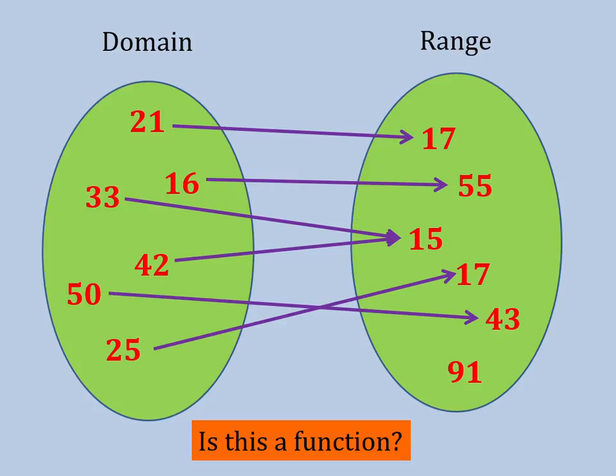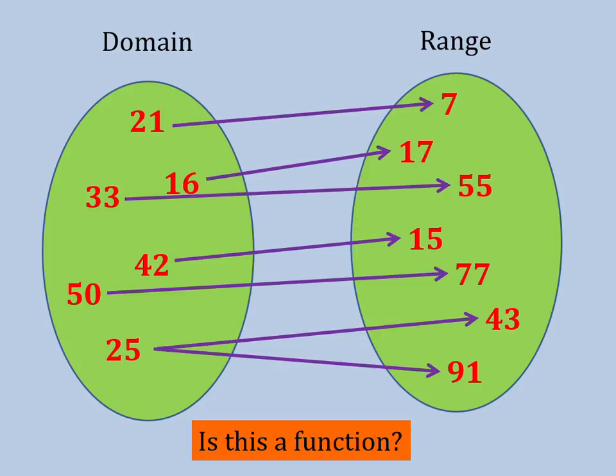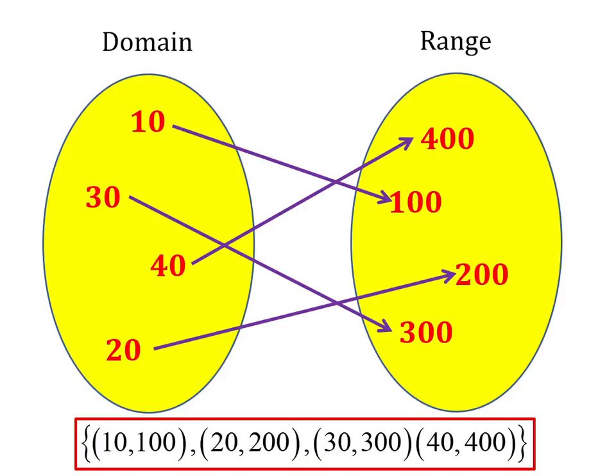That's a function. This one is not a function because 25 gives two different answers. Everything in the domain has to give only one answer in the range. Now, the one that we were looking at originally, here's another way of representing that in set notation with ordered pairs.